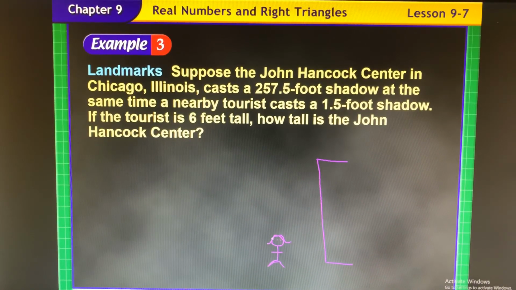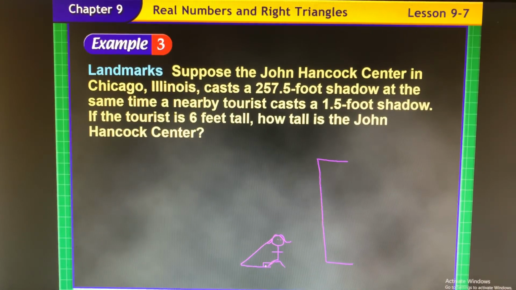So when you look, you're going from the eyeball down and over. So this person is casting a shadow that looks like this. Obviously, the shadow's on the ground. It's casting a 1.5-foot shadow. Remember, they're 6 feet tall.